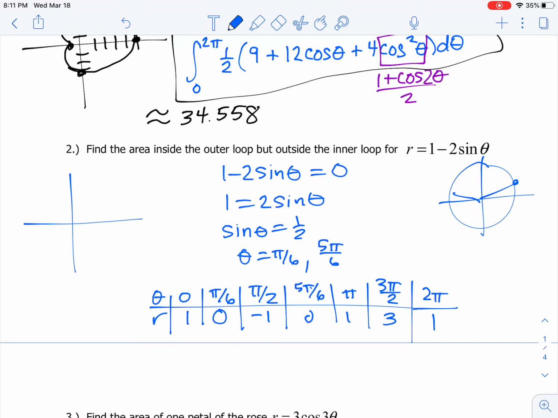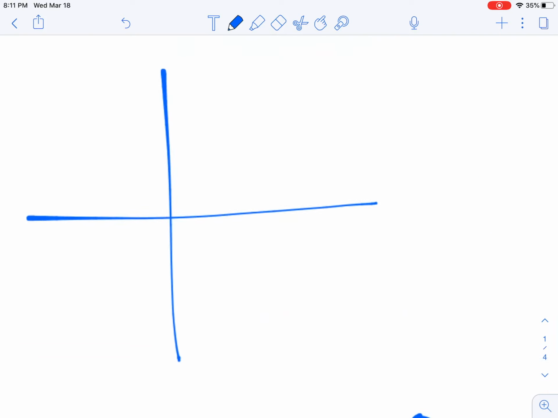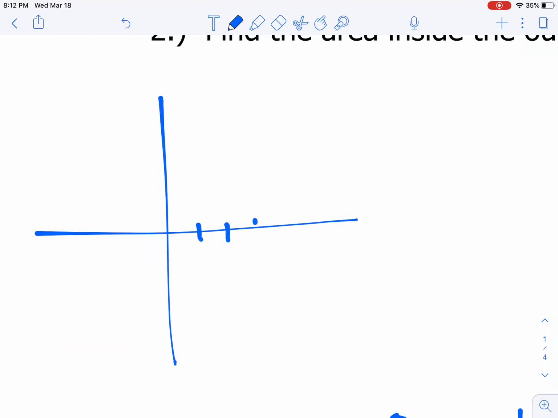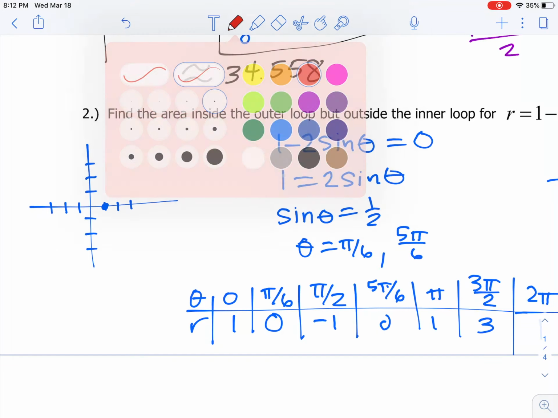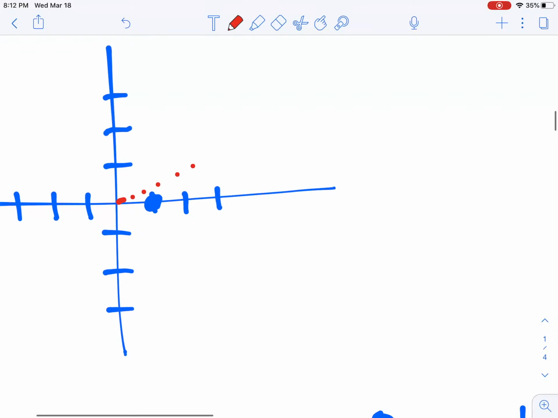So I'm just trying to make this graph right here. So, all right, let's see here. All right, so 1 unit out, then I go up here, and right away by the time I get to pi over 6, I'm already back to 0. So just a little tiny piece happens there. And then after that, I get down to, at pi over 2, I'm at a radius of -1.